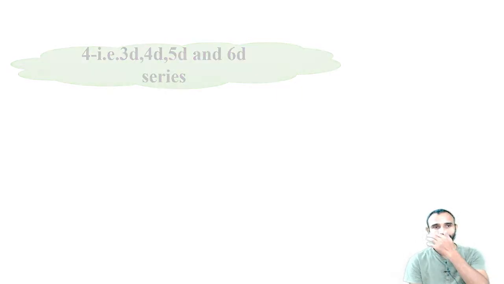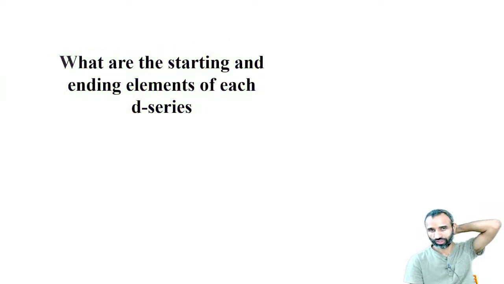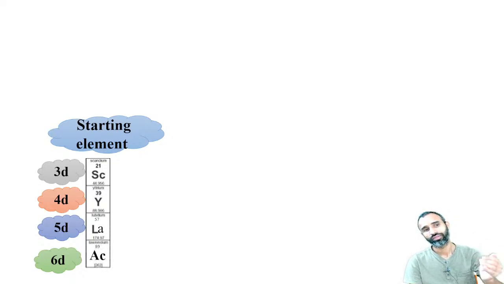So in the D block there are 3D, 4D and 5D series. In 3D, 4D, 5D and 6D, the starting elements are scandium, yttrium, lanthanum and actinium.